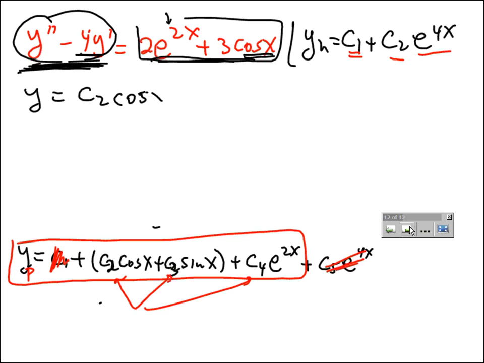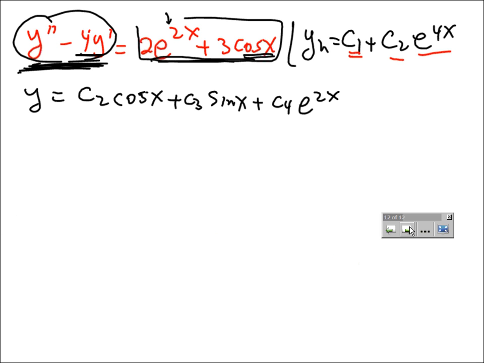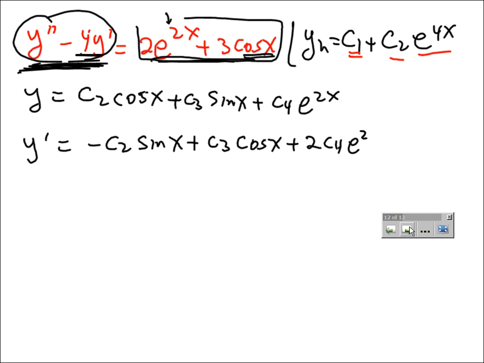So y is c2 cosine of x plus c3 sine x plus c4 e to the 2x. And we build up y double prime minus 4y prime. So I calculate the first derivative, get negative c2 sine x plus c3 cosine x plus 2c4 e to the 2x.